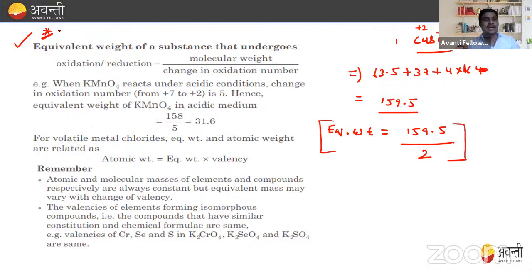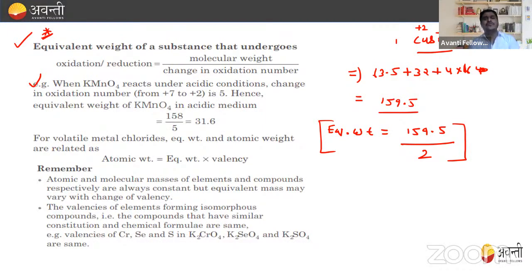For this also, just divide the molecular weight by the change in the oxidation number. Let's see it with an example, then you can understand it in a good way.